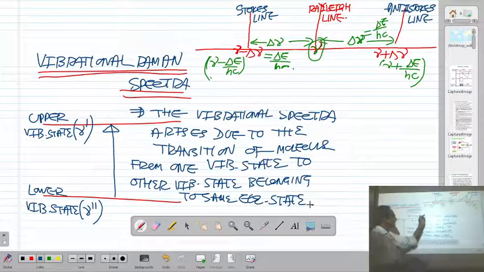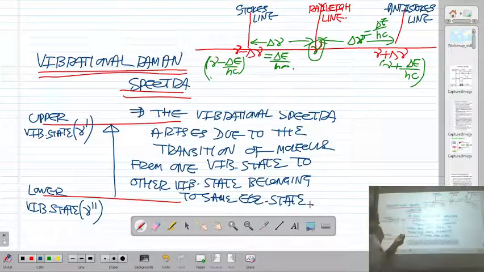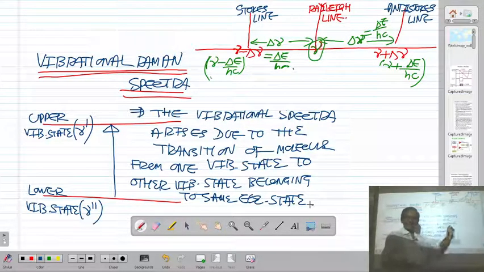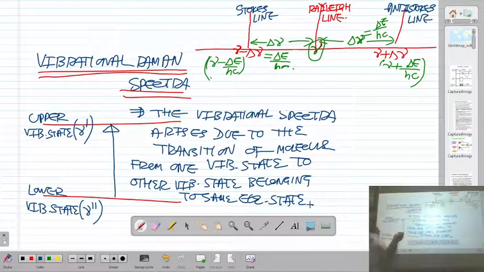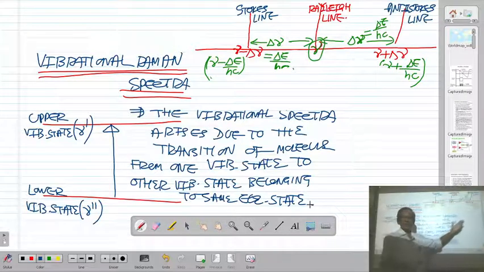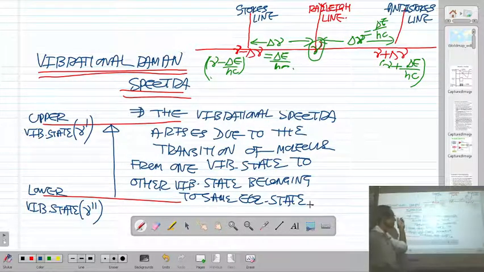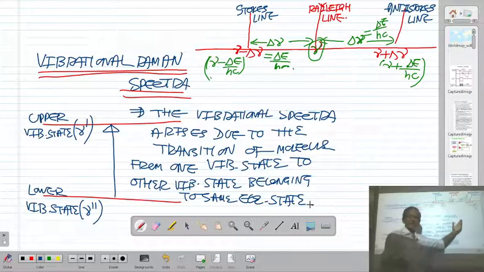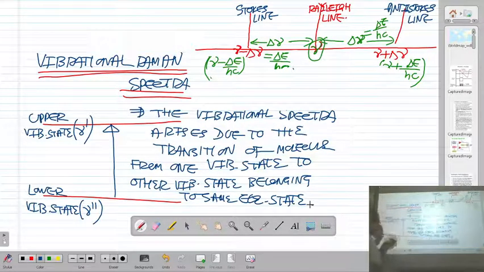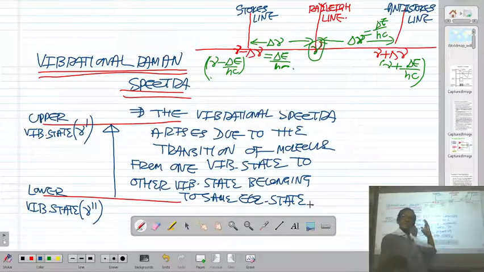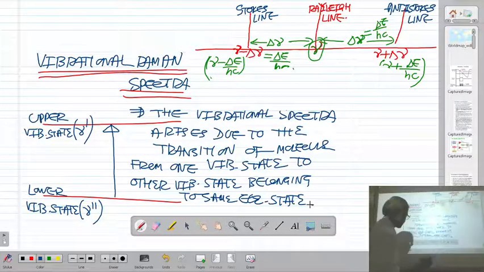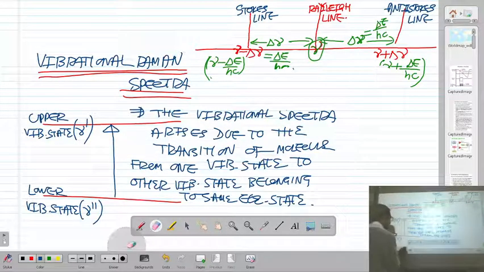When the molecule makes a transition from one vibrational state nu double dash to the other vibrational state nu dash, we will get the vibrational spectra. Both these vibrational states belong to the same electronic state. For that, we will give the quantum explanation.